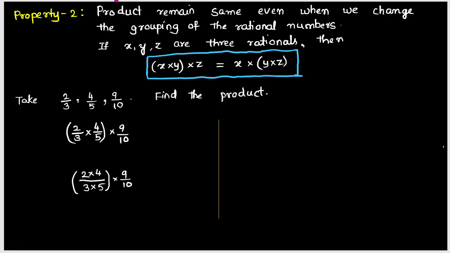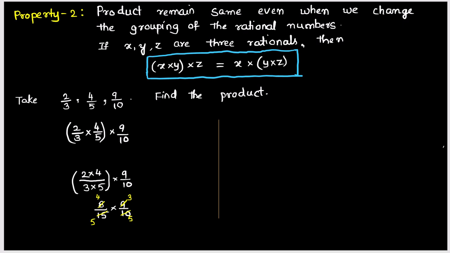So we get, there is no chance of division, so we multiply 2 into 4, 8, upon 3 into 5, 15, multiplied by 9 by 10. Here you observe carefully, 8 and 10 are divisible by 4. So we divide by 4. 2 fours are 8 and 2 fives are 10. Here 9 and 15 are also divisible by 3. 3 threes are 9, 3 fives are 15.